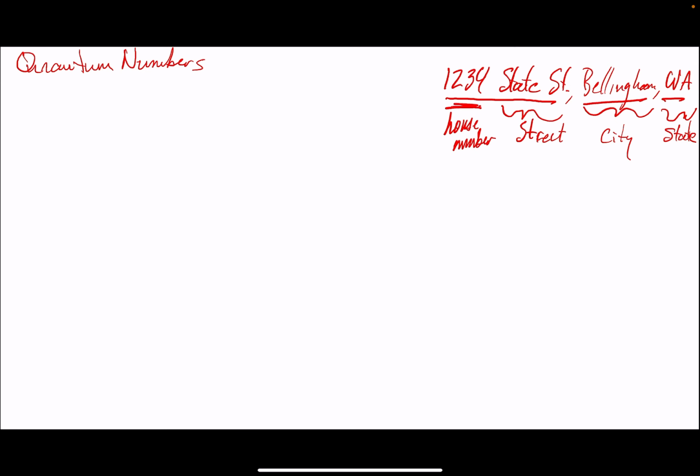We're going to need numbers to help us assign those waveforms and refer to them according to a sort of number system. Okay, so we're going to have 4 numbers.